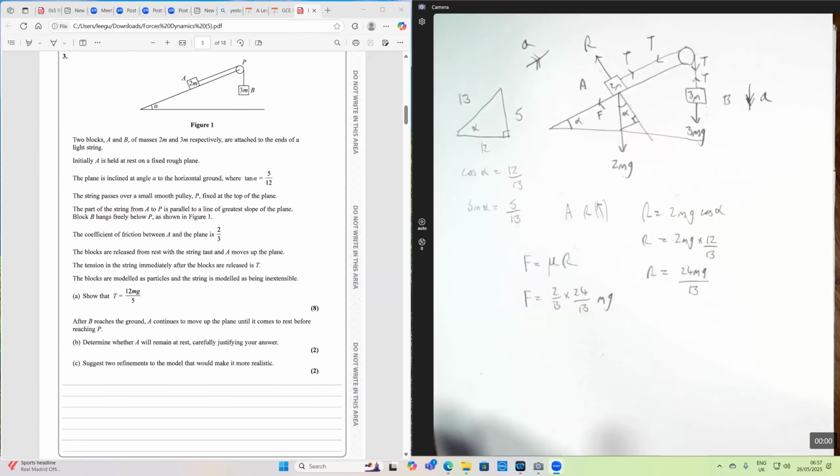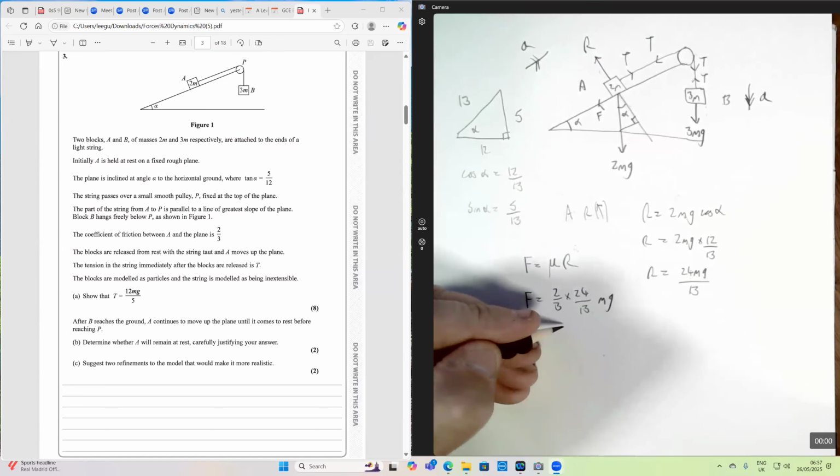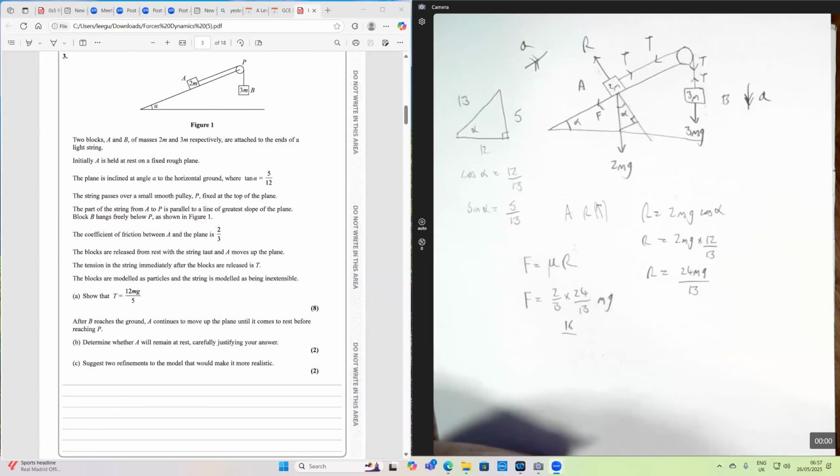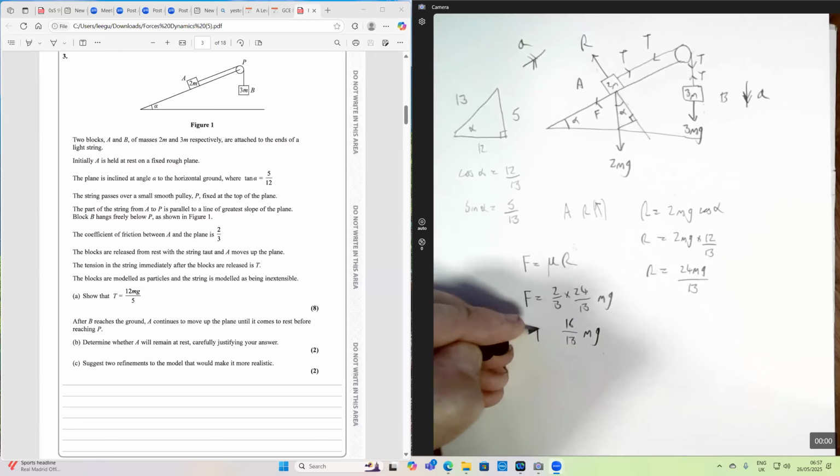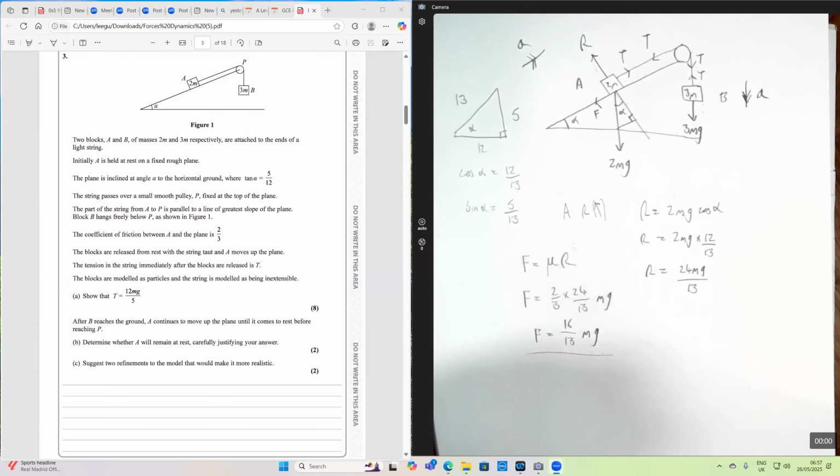So now we're getting an expression for F as well. So we've got 2/3 multiplied by 24/13, and that gives us 16/13 mg. So 16/13 mg is our F. Okay, there we go.